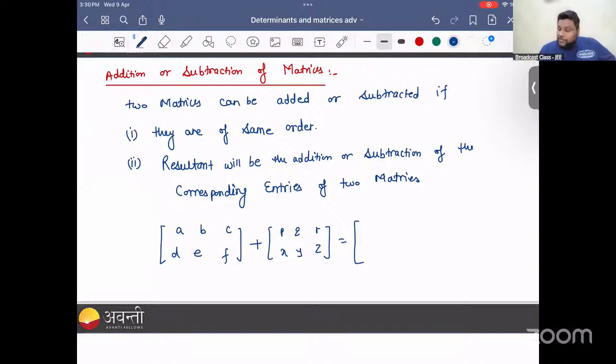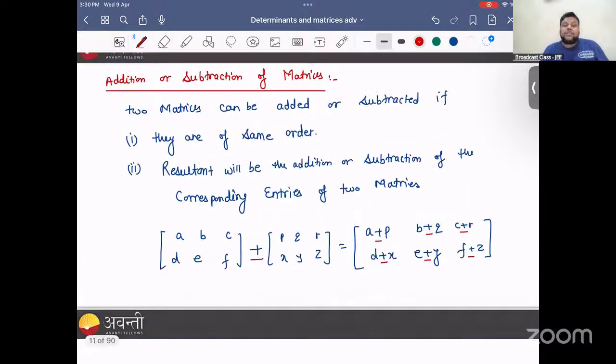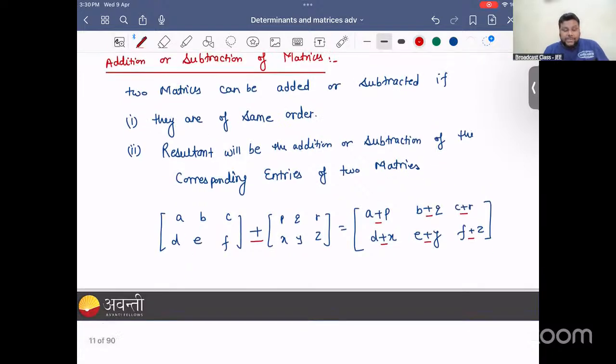Now when they are of the same order, it will be A plus P, B plus Q, C plus R, D plus X, E plus Y, F plus Z. And if you subtract them, their corresponding entries get subtracted. Am I clear? So this is how we do addition or subtraction of matrices. Is it fine, everybody?